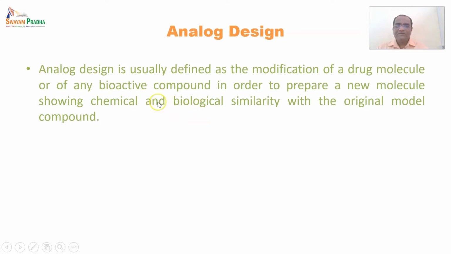That is said to be an analog design, meaning designing of the same molecule with a little bit of modification. And in the last lecture we saw the concept of a lead, which is modified, and a series of compounds is prepared. So we'll see an example of analog design also.